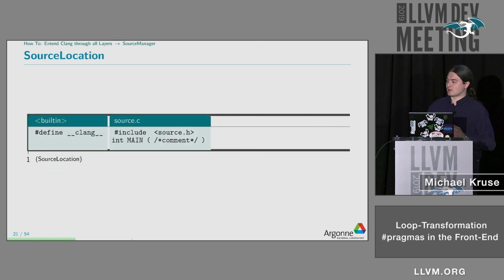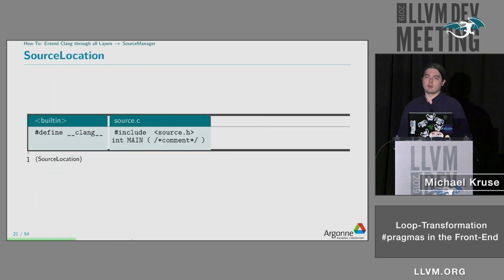The source manager has some interesting behavior in how it manages source. You may have seen this SourceLocation, which represents some source. Actually, you can think of it as one consecutive buffer, which starts with some built-in section. Some built-in definitions that are already defined by the compiler are in this built-in section of the source location, and appended afterwards are the actual source files.